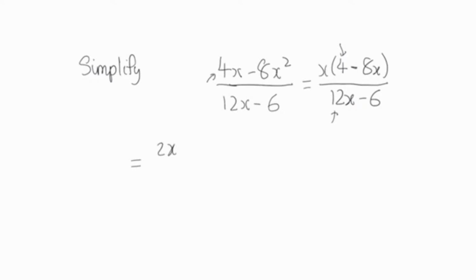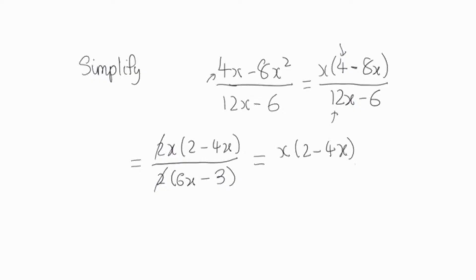So we have 2 lots of x is 2 minus 4x, and then that's divided by 2 lots of 6x minus 3. Now if you notice, we have 2 on the top and bottom, so we can just cancel out these 2's, and we're left with x lots of 2 minus 4x divided by 6x minus 3.